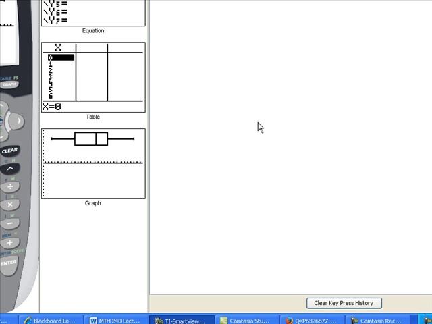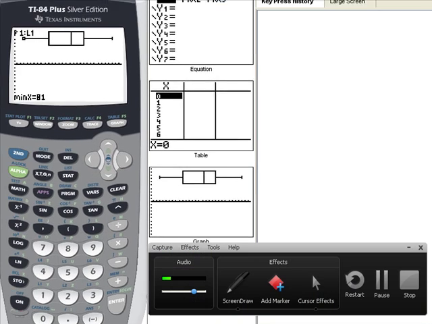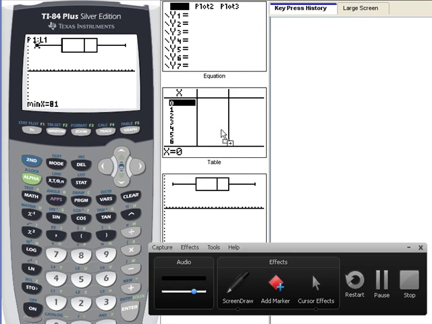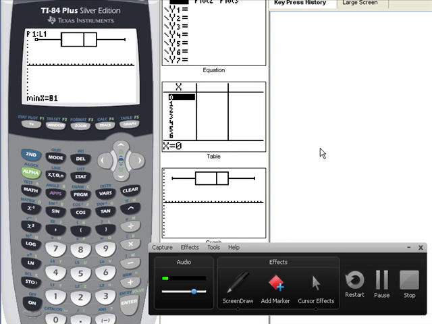Oh, there we go, I got it by the corner. Alright, I'm going to clear what I have here and quit the graphing mode. Clear.